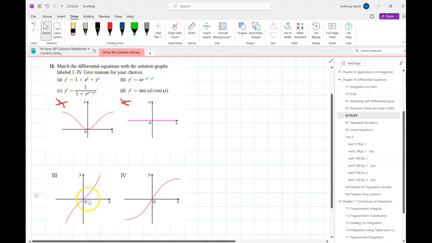As we move to the right, as x gets bigger and y gets bigger, the slope should be getting bigger as well, right? And as x gets smaller and y gets smaller, again, the slope should still be getting steeper. So I think 3 is my answer for part A.